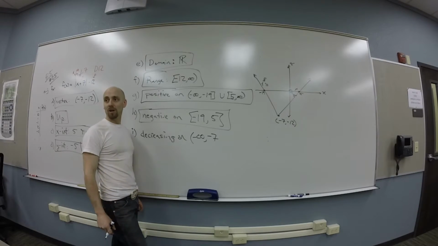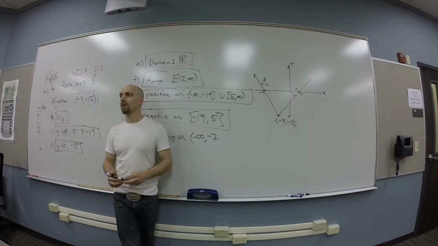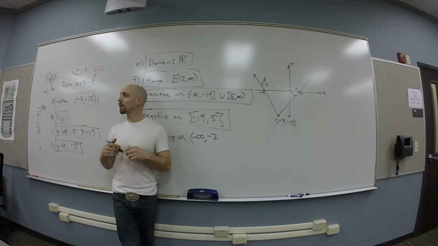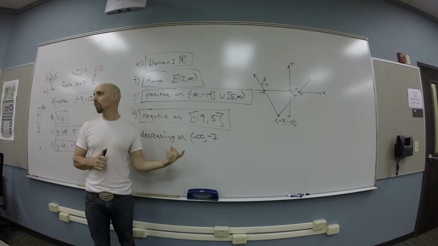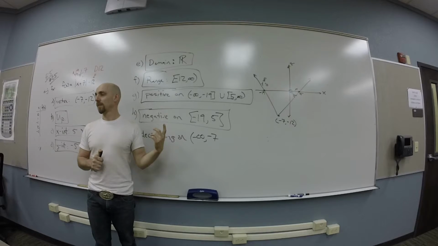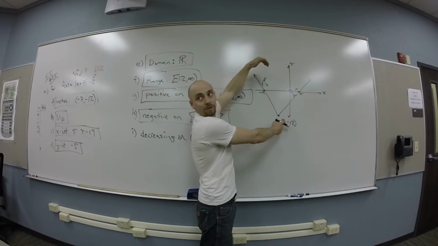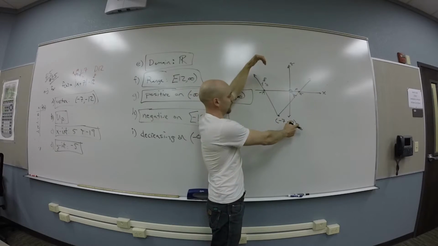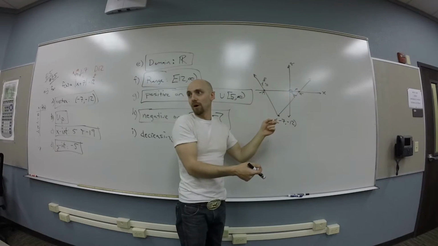Why 7, not 12? That's a good question. Why did I use 7 and not 12? Because we read these increasing, decreasing, positive, and negative, they're all inputs. He's asking for the inputs, this first coordinate. The outputs, that coordinate. So I'm asking which inputs is the guy walking downhill for?